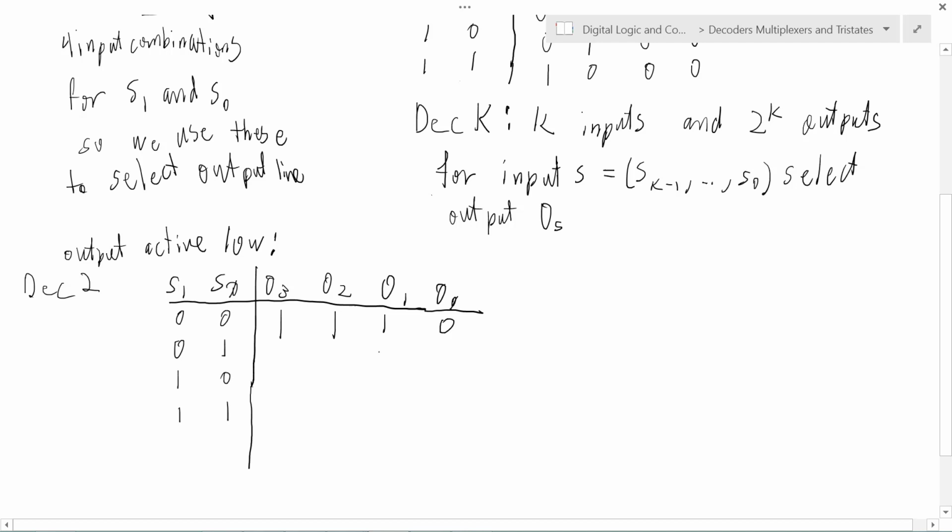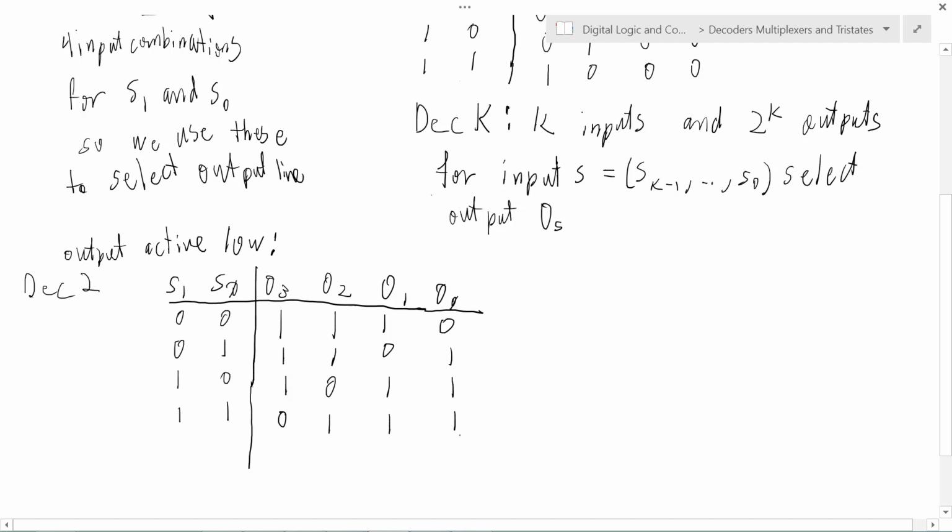If we have input 0, 1, then output 1 is 0, and all other outputs are 1. For input 1, 0, O2 is 0, all other outputs are 1, and the pattern continues. Input 1, 1, output 3 is 0, and the remaining outputs are set to 1.